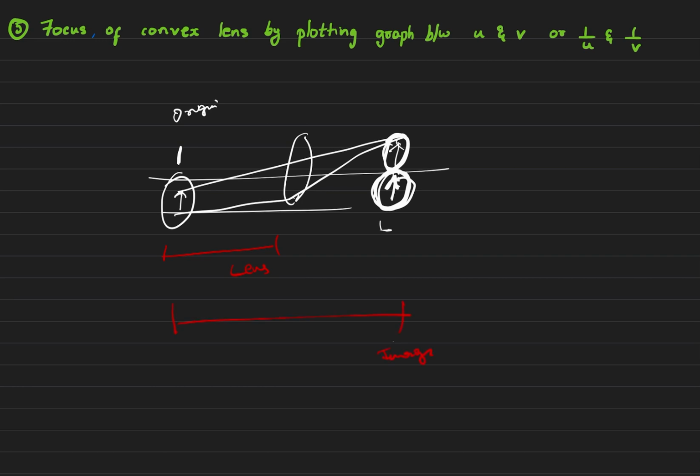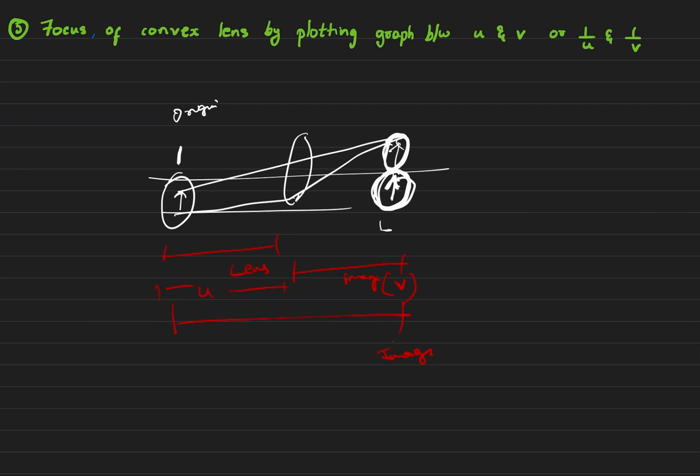If I subtract image minus lens, I get the actual image distance. This is my image distance, which is called V, and this is my object distance. Got it? So to find image distance, I need to subtract both. Understood? So you have a table, you can draw the table, and you are going to find different values of lens.